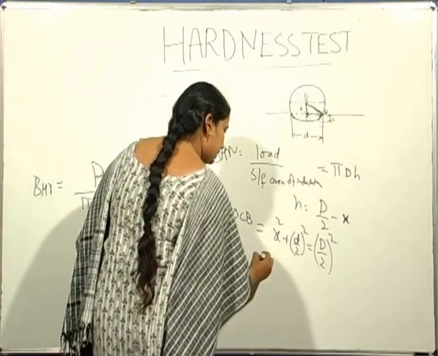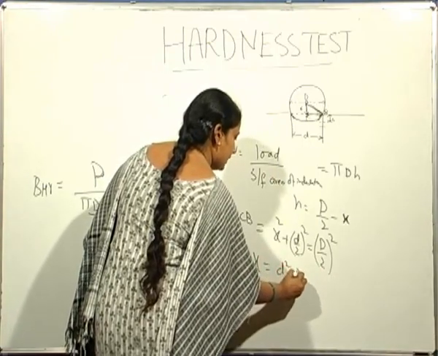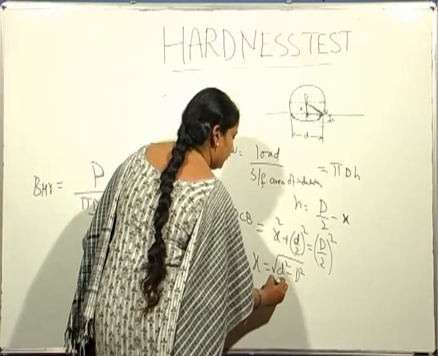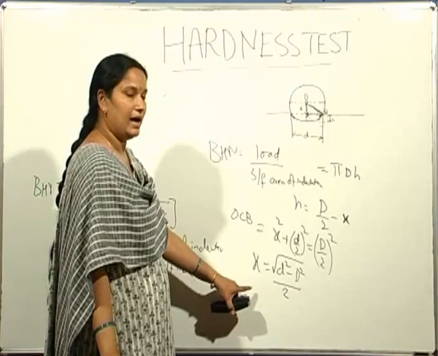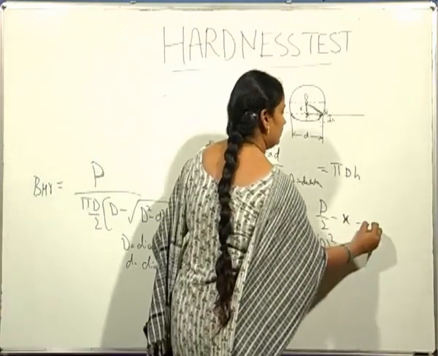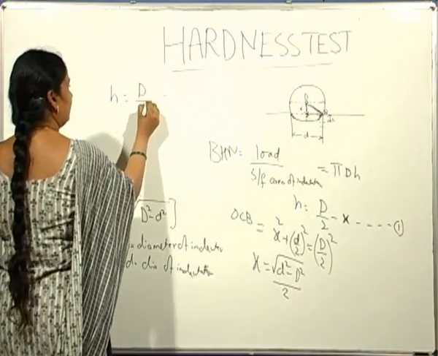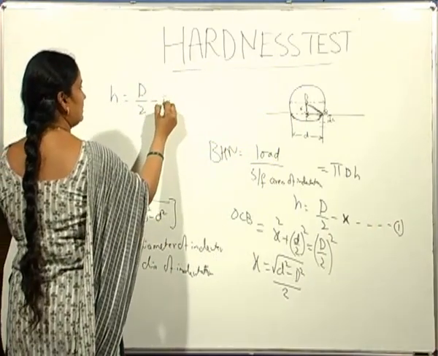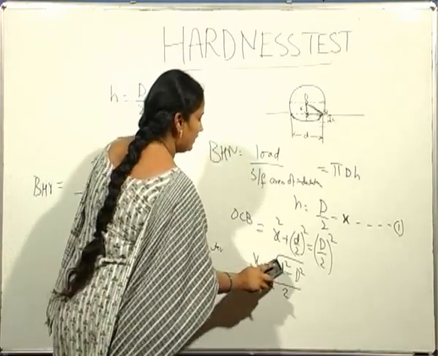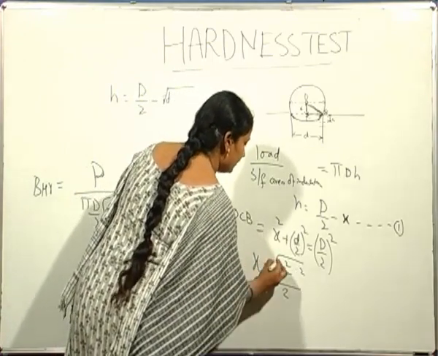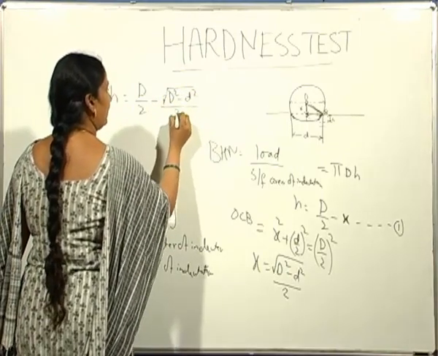From this, it can be written as x is equal to root over capital D square minus small d square, divided by 2. This is x. Now substitute the value of x in equation 1. So h is equal to capital D by 2 minus x, where x is root over capital D square minus small d square by 2.